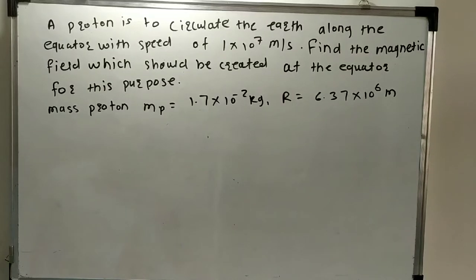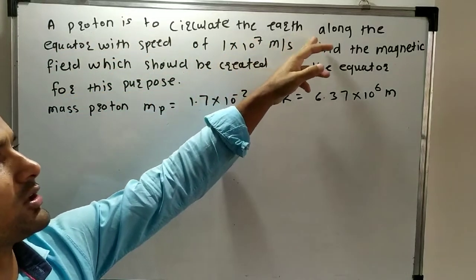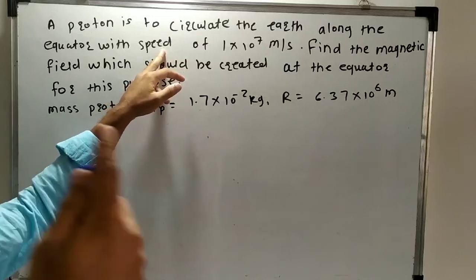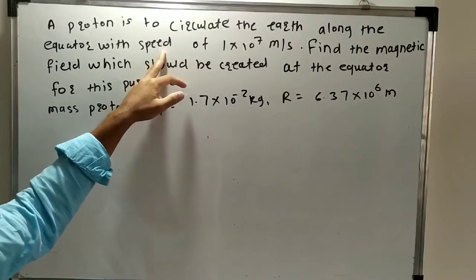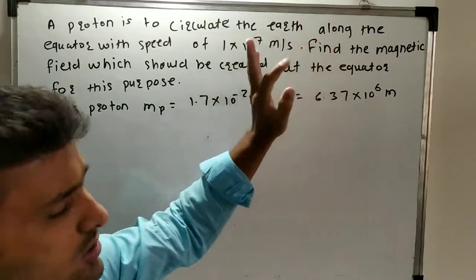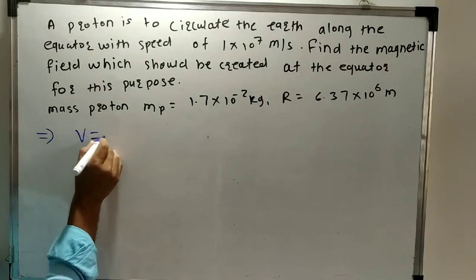In this numerical, a proton is to circulate around the earth along the equator. The proton is revolving around the earth along the equator with a speed of 1 into 10 raised to 7 meter per second. So the velocity, or we can call it the speed, is given.